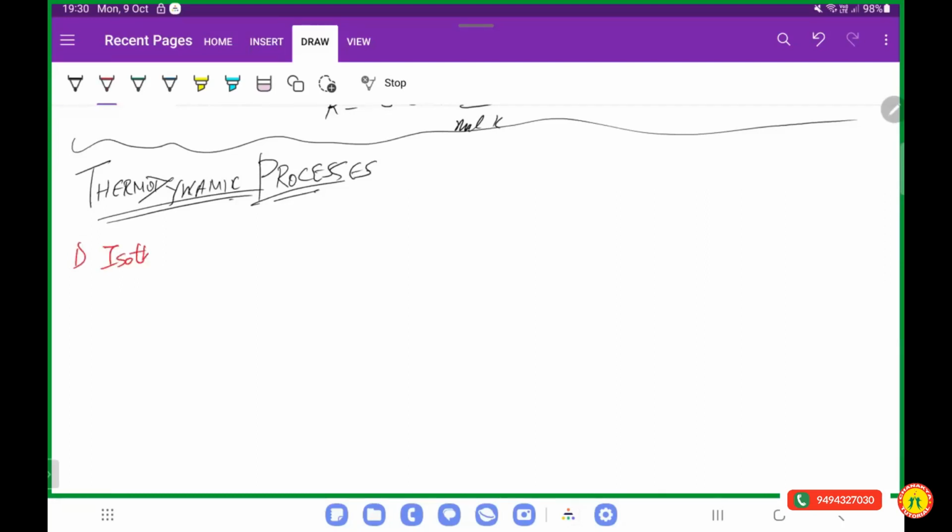Now, come on, quickly recall what is isothermal process.